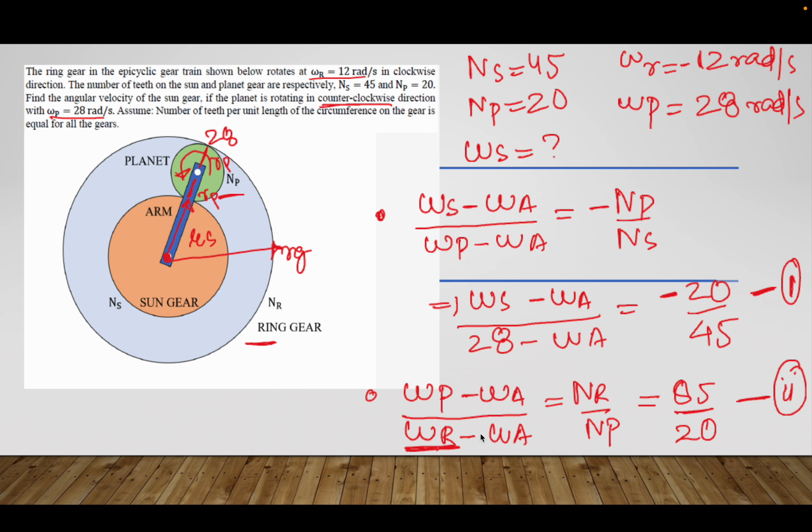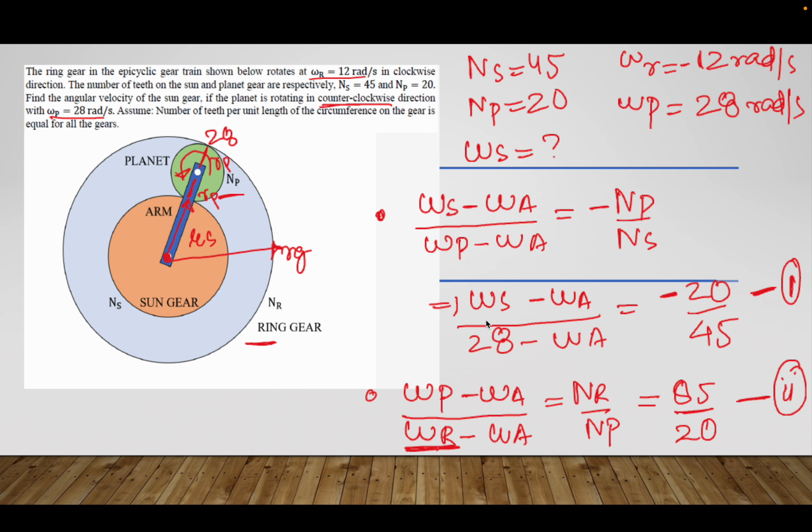We can calculate that from here. Yeah, so okay, wait a minute. NR is not given, right? NP is given and NS is given. So NS and NP are given, but we can relate NR as well.